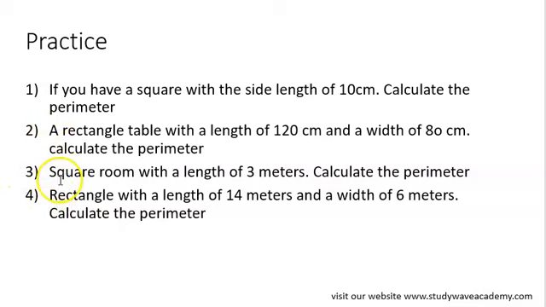You can cross-check with the previous examples to know how to solve these questions. I'm sure we did something similar to that in our examples, so you have to look through it and practice this exercise. Okay, I hope you understood today's lesson. Each shape has its different formula for solving perimeters.